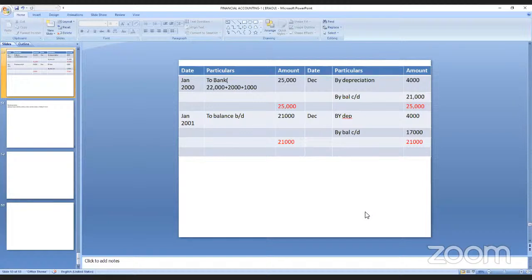You are all asking me about the bank reconciliation statement. For that, go with the theory. If I take the bank reconciliation statement, it will take a lot more time.